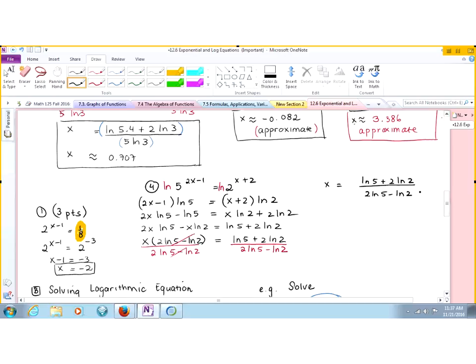Can I answer any questions right now? This is the exact. Now, you got to be careful when you answer on the calculator. So put parentheses on top, put parentheses on the bottom. So x is approximately, let me see what my calculator says, ln 5 plus 2 ln 2, and then divide by, open parentheses, 2 ln 5 minus ln 2.